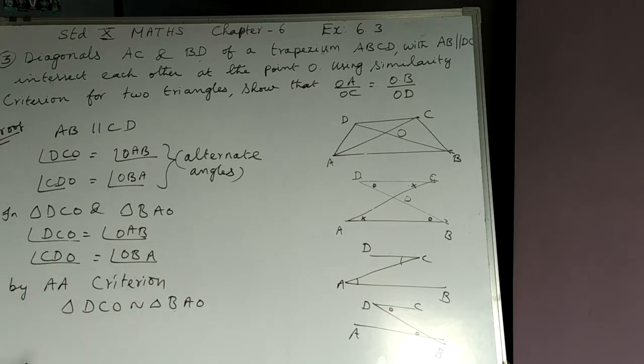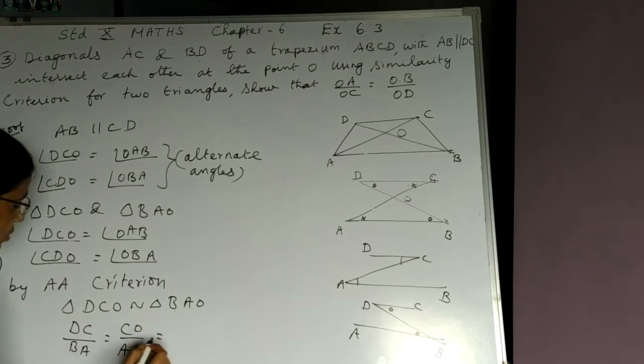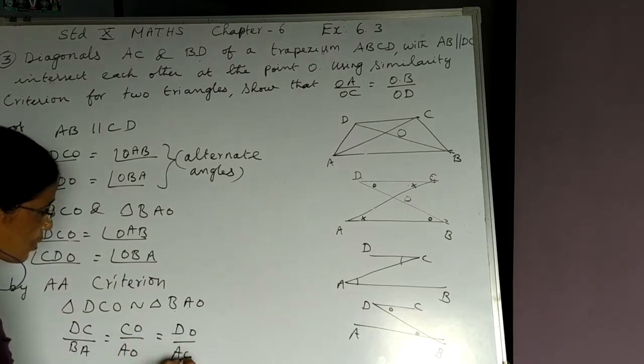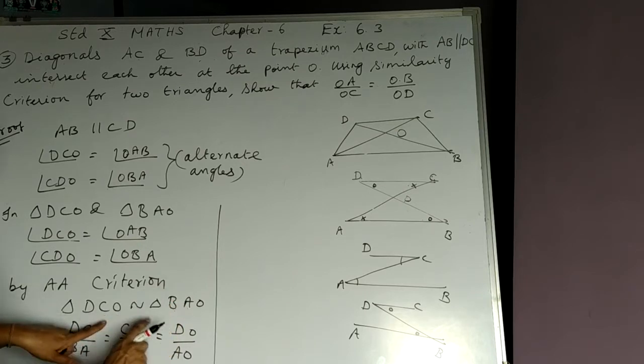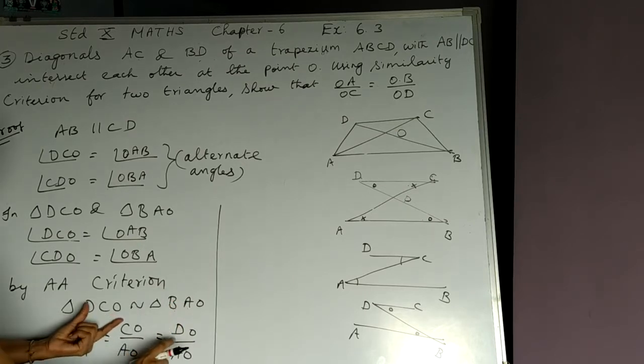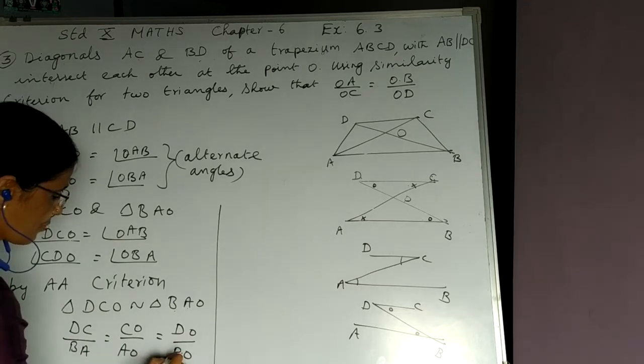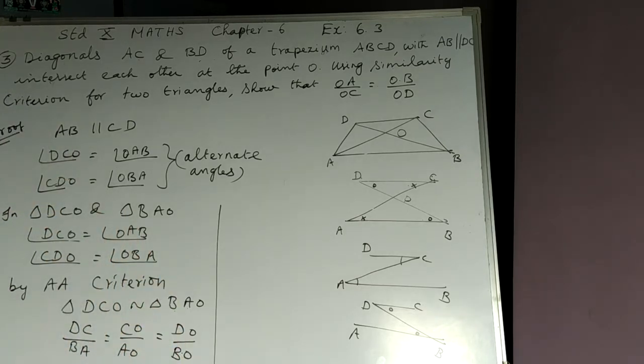And when two triangles are similar, we know corresponding sides are proportional. So we are going to take corresponding sides. DC upon BA is equal to CO upon AO, which is equal to DO upon BO. Right? We got the result. But look at the result we want.